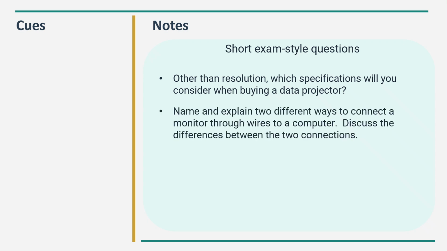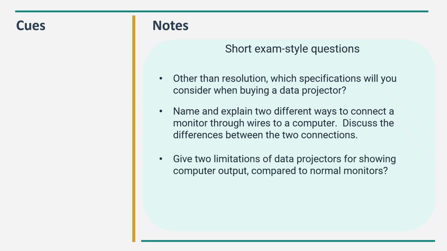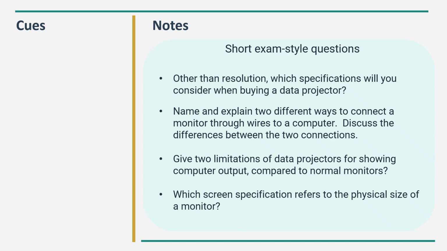Second one: name and explain 2 different ways to connect a monitor through wires to a computer. Discuss the difference between these 2 connections. Third, give 2 limitations of data projectors for showing computer output compared to normal monitors. And lastly, which screen specification refers to the physical size of a monitor? Please pause and then we'll go through the answers.